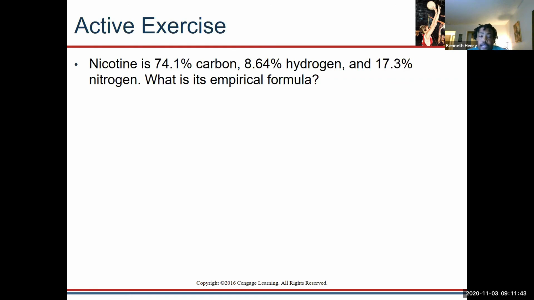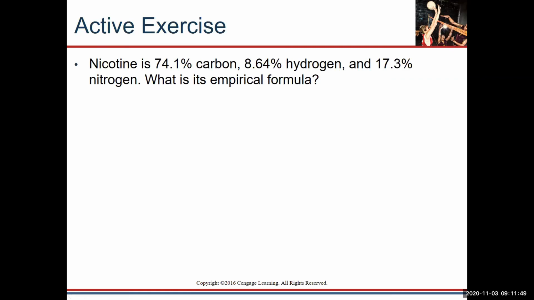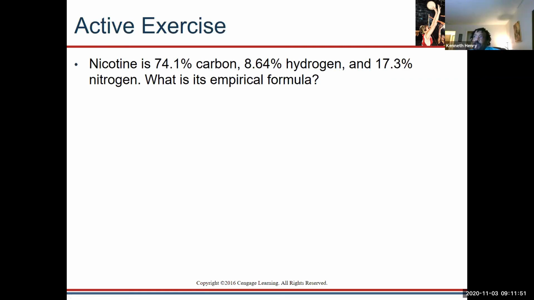So if I have 100 grams of nicotine, how much of it would be carbon? 74.1 grams would be carbon. How much would be hydrogen? 8.64.